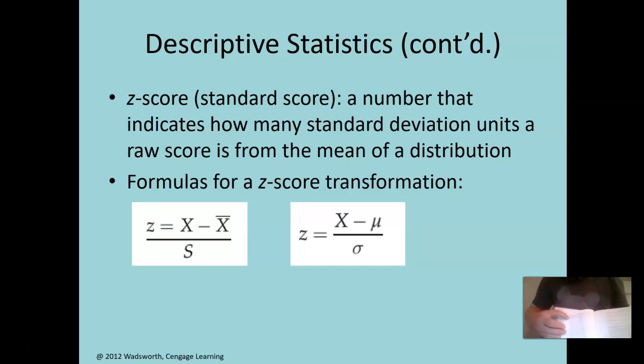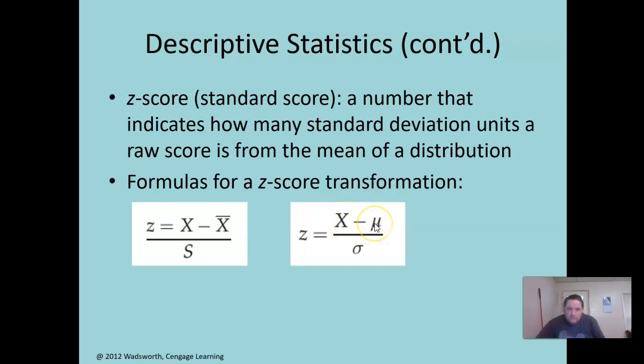So you have 45 minus 74 is minus 29. 67 minus 74 is minus 7. 94 minus 74 is 20. And you just keep going down for each one of those scores. And that is your x minus mu there.